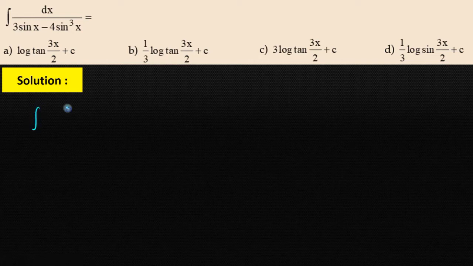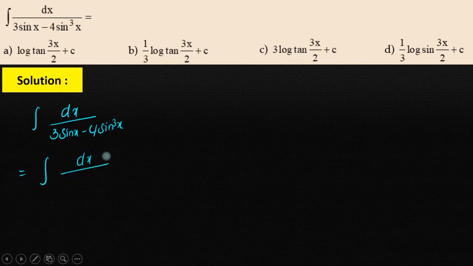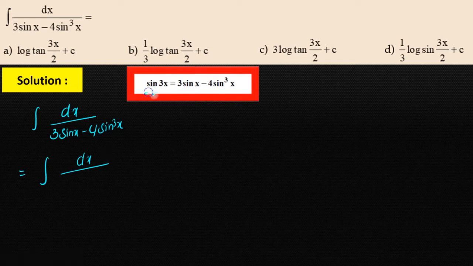Integral dx by 3 into sin x minus 4 into sin cube x is equals to integral dx by, we know that sin 3x is equals to 3 sin x minus 4 sin cube x. So here sin 3x, this equals to integral 1 by sin 3x.